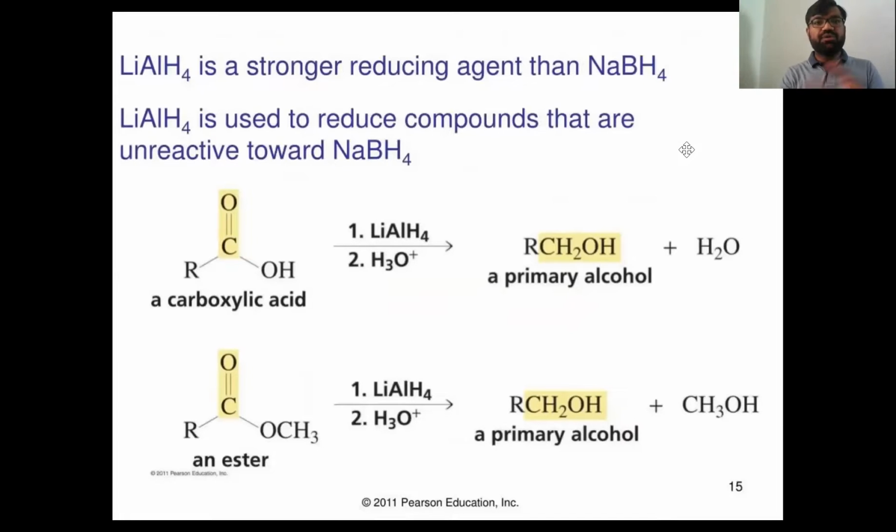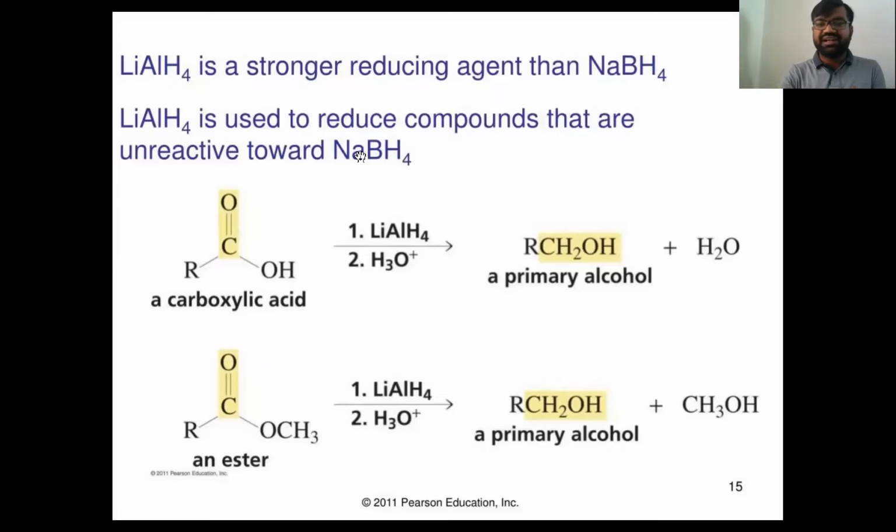Now, the bigger brother of sodium borohydride, I mean to say a more powerful reducing agent, the universal reducing agent, is lithium aluminum hydride. It is a stronger reducing agent which is able to reduce any of the substances. Carboxylic acid, if you reduce, gives alcohol. Ester, if you reduce, again gives primary alcohol.